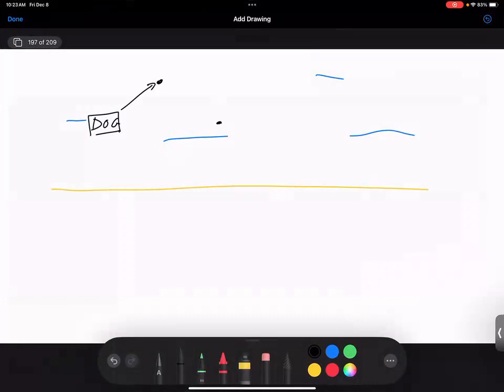What path does the dog take? Straight for the stick. What if I throw the stick all the way down here? Well, what's the optimal path? So one possible path is the dog just swims straight to the stick. And that is the path where at every moment in time, you are doing what is locally best.